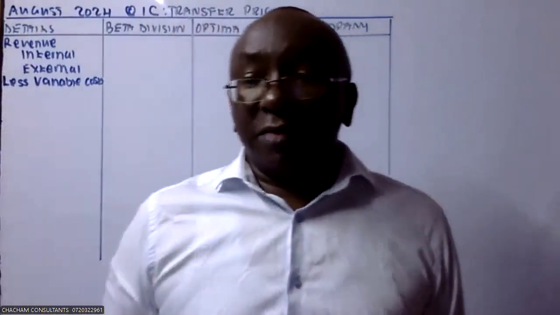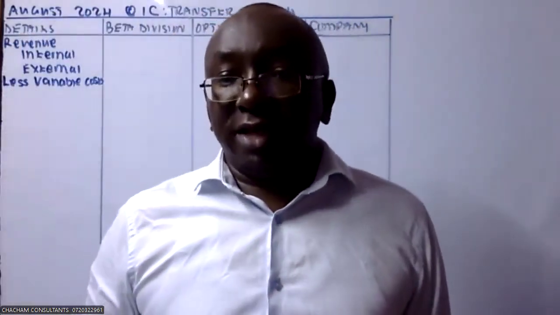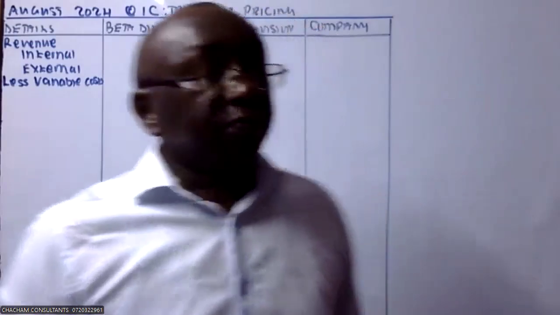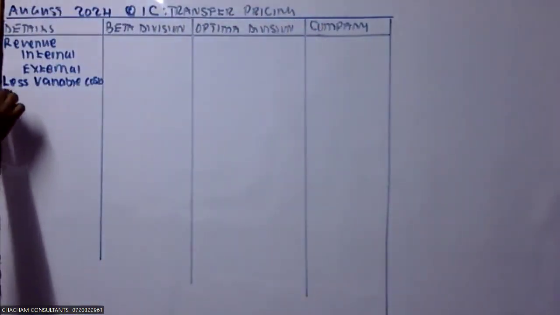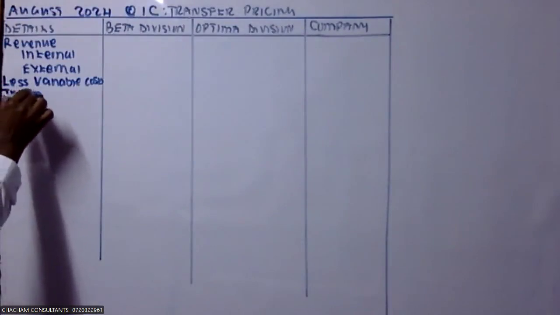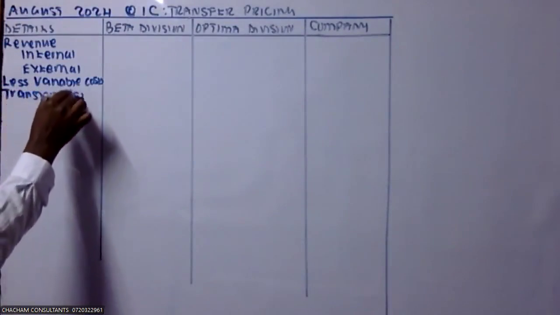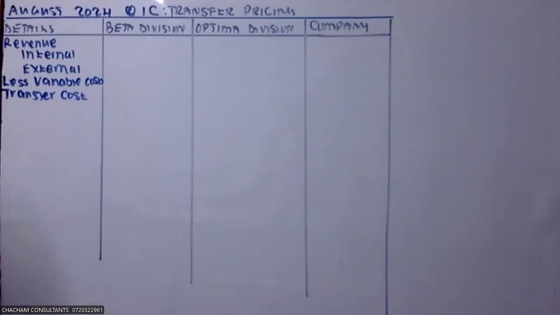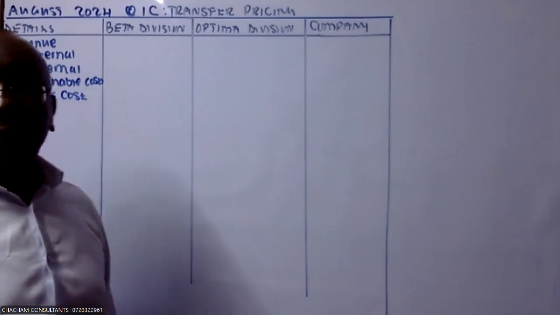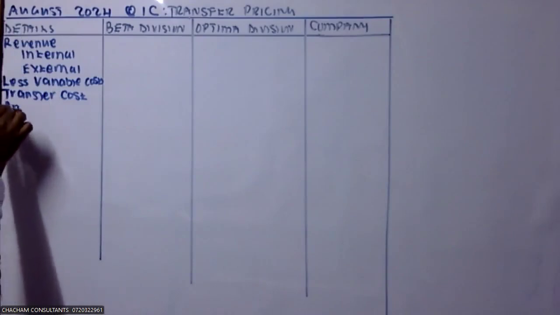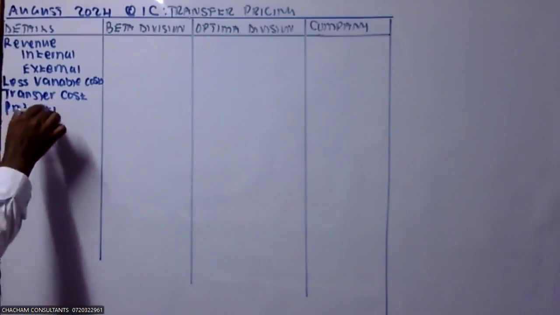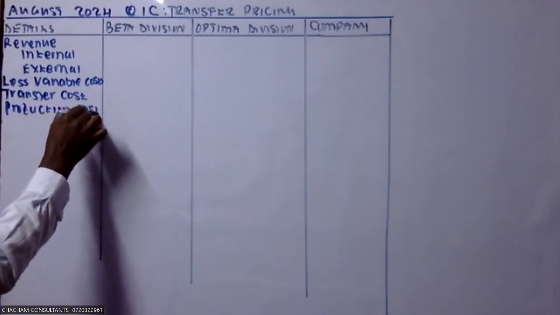Now, in a transfer pricing scenario, we have three types of variable costs. Number one is called the transfer costs. This one will always be there. Number two, there is production costs. This one will also always be there.